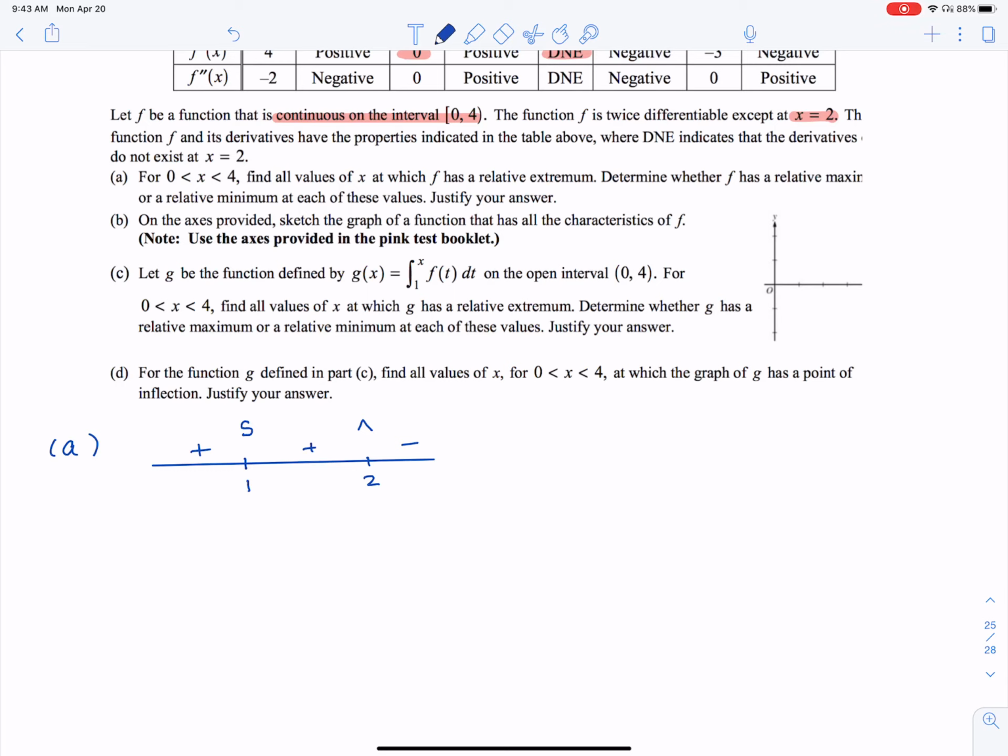So let's see how we want to say this. Let's type this.